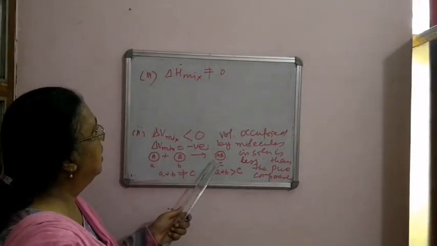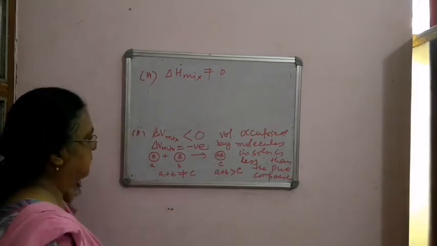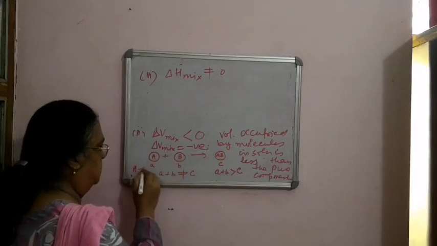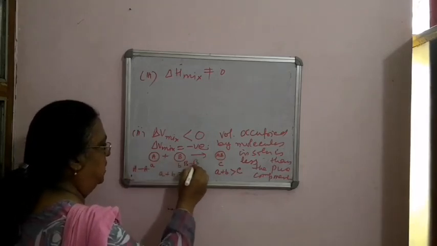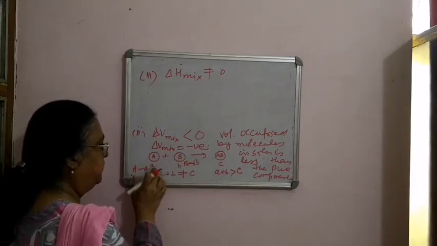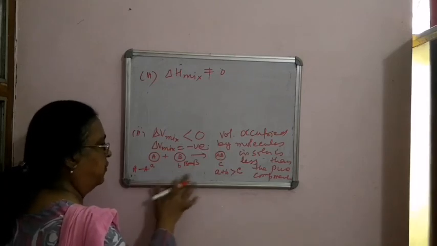Just see here. Here the interaction force is weak, A and A and B and B. This is weak. They are far. So here A and B, they have stronger interaction forces.